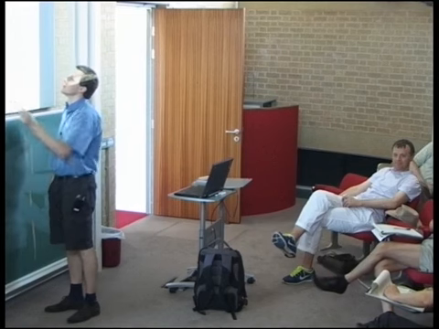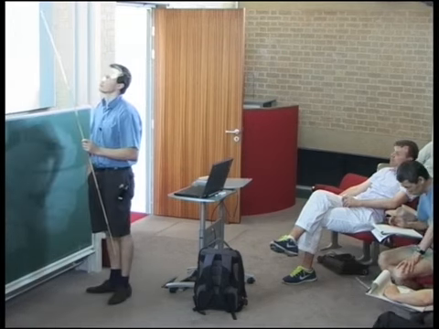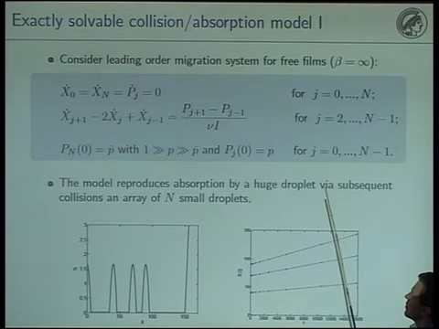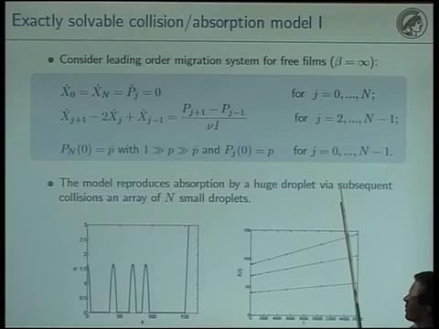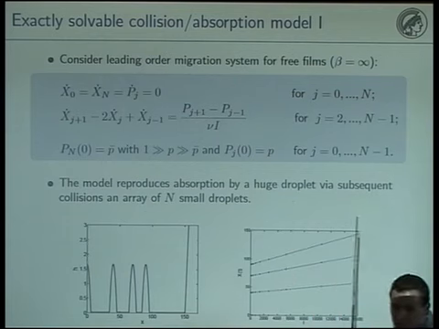As I said, you somehow fix the pressures of the droplets in this process and look just at the migration of droplets. Once a droplet migrates, its pressure doesn't change. But when two droplets meet and form a bigger droplet, you should calculate a new pressure for the bigger droplet.